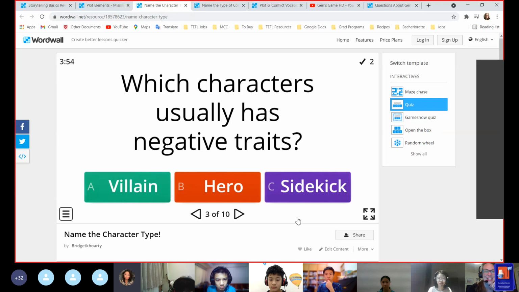All right. So what kind of characters usually have negative traits, where you say, oh, I don't really like that character very much? We'll go through again one more time because I don't think everyone voted.